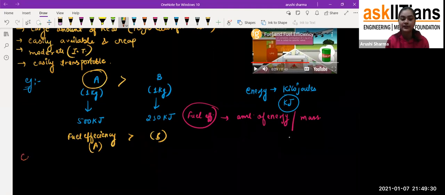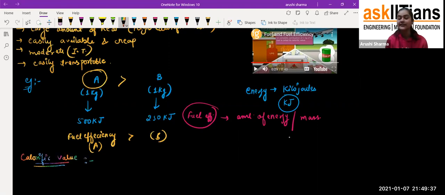It is the amount of energy we get when 1 kilogram of the fuel is burned, the amount of energy releasing from 1 kilogram of the fuel. I'll write down this definition again so that my students can get it.